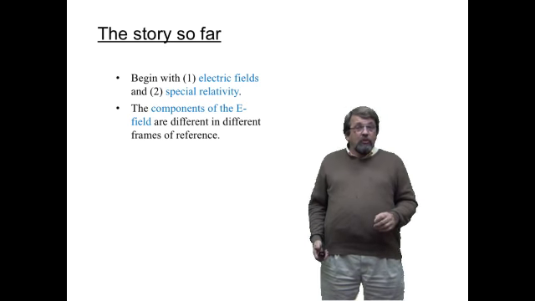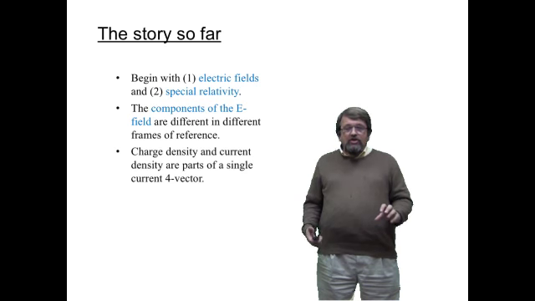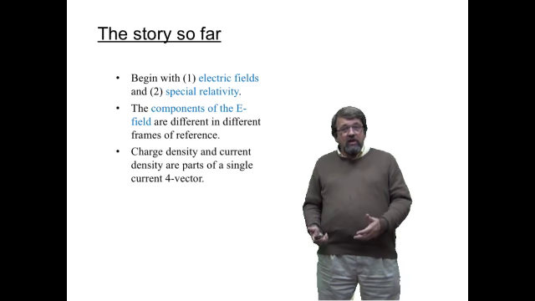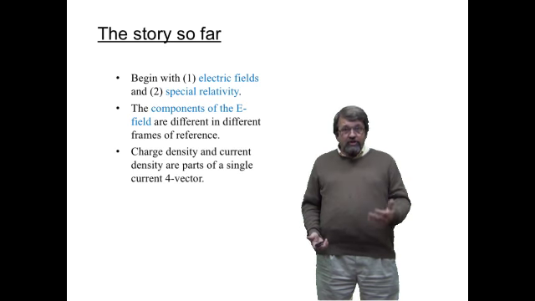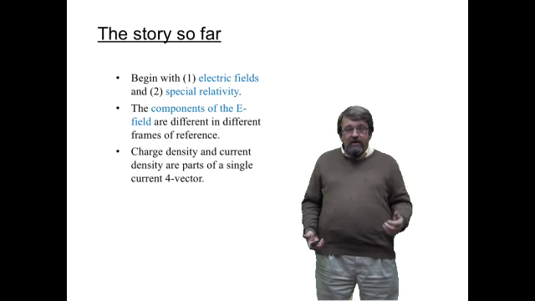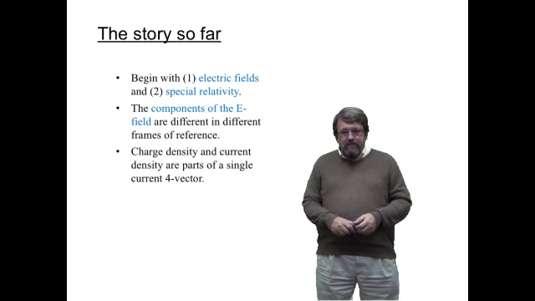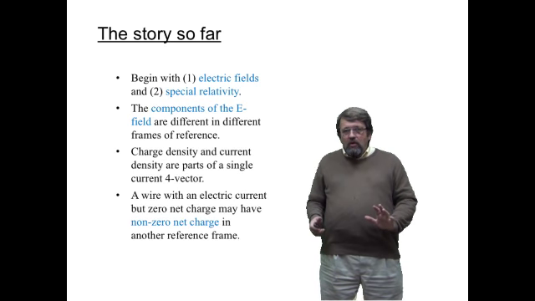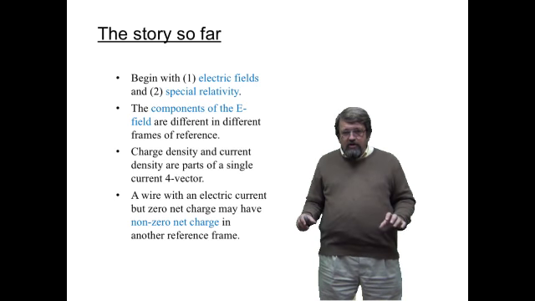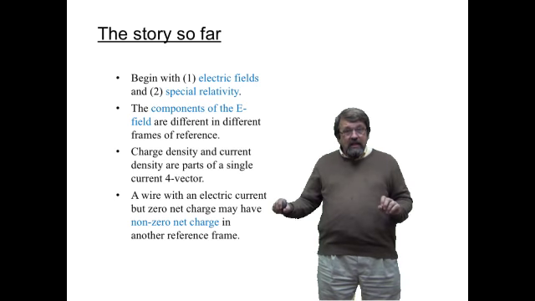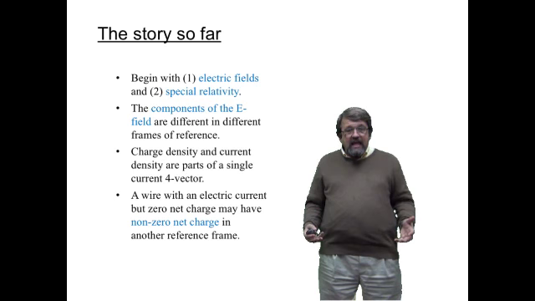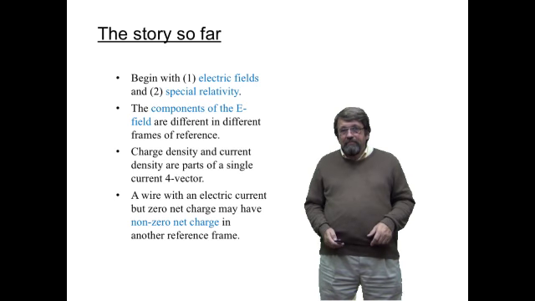And then we found out, what's even more surprising, is that charge density and current density are actually parts of a single current 4-vector. The charge density is the time part, and the current density is the space part. Now, a wire with no net electric charge, but an electric current in one frame of reference, can have a non-zero electric charge density in another reference frame.